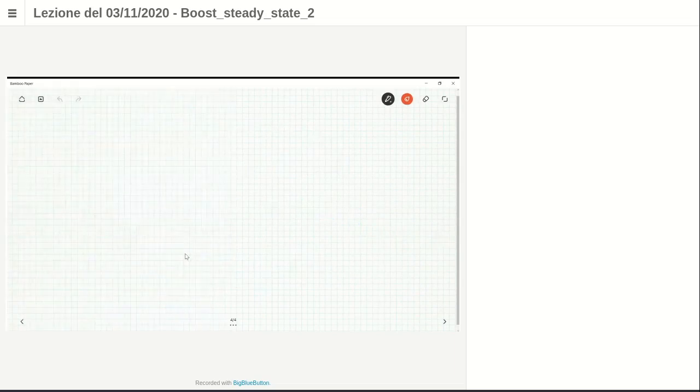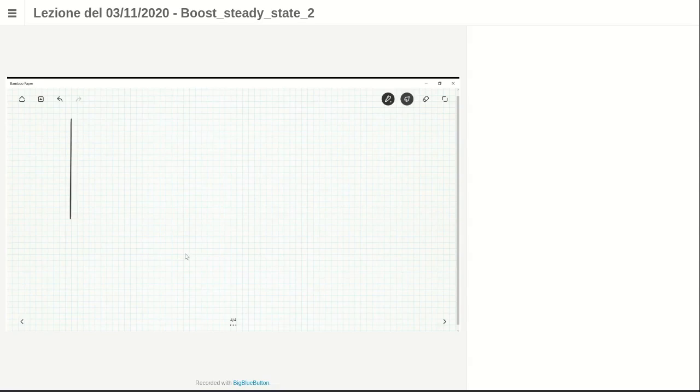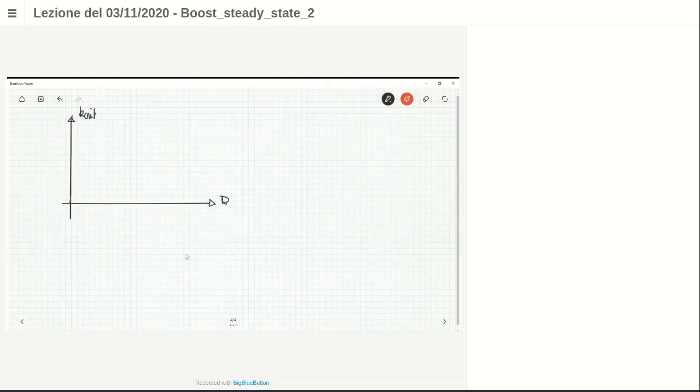Okay, supposing, for example, and I hope that this discussion will be much clearer, that I redraw my critical curve.